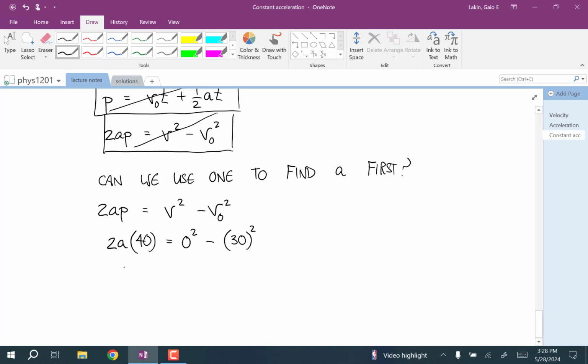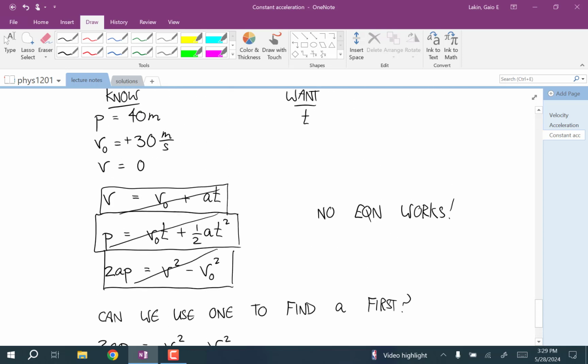And so if you multiply this out, you get 80a is equal to negative 900. Now divide both sides by 80, and you get a is equal to negative 11.25 meters per second squared.